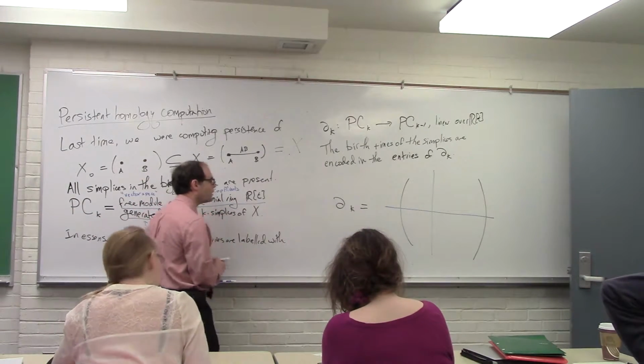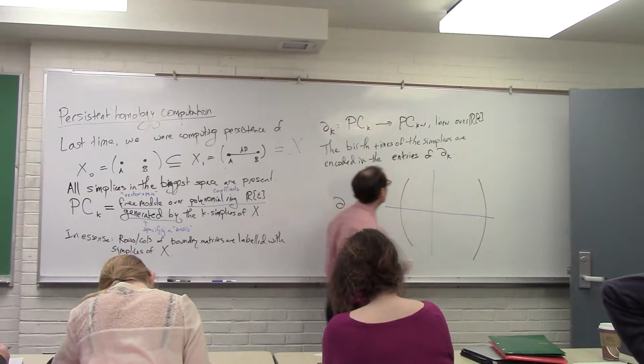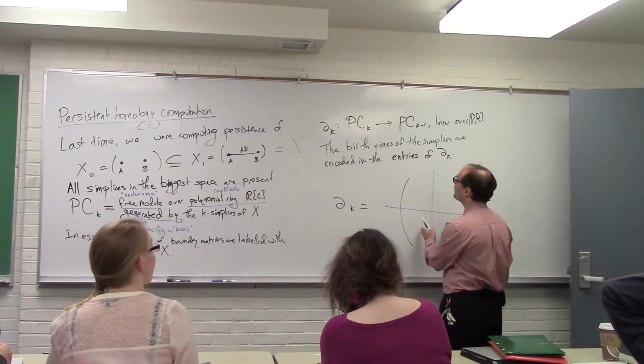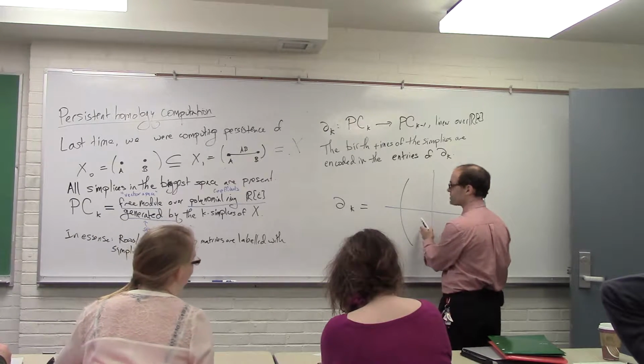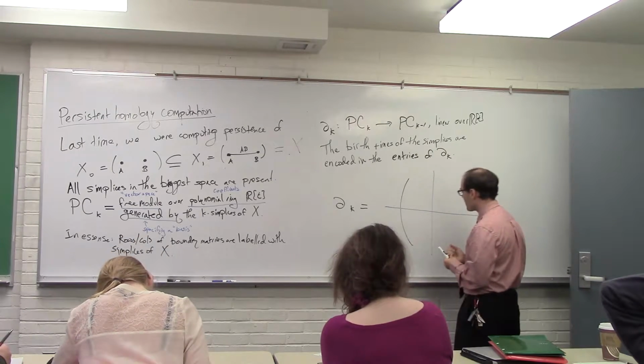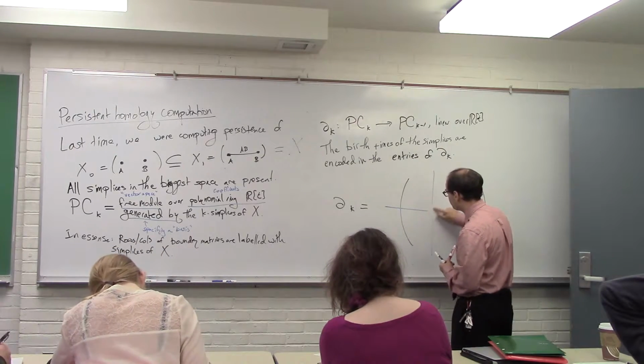And those rows and columns come about from there being various, in this case now I'm going to be more specific, simplices. So I have a simplex here, and I have a simplex here. And I need to know, what am I going to put in this spot?